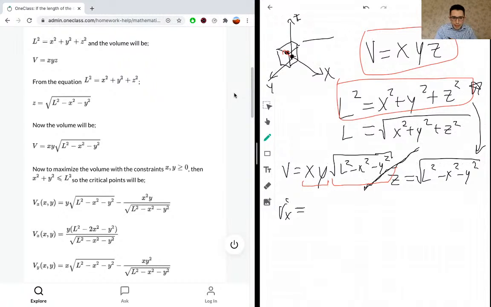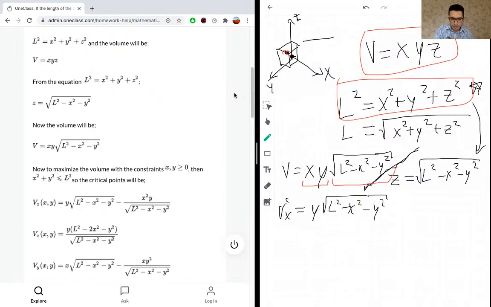Here we would say the derivative with respect to x for the first term is just y. That will be the derivative of the first, and then times the second, which is just what's given above, L squared minus x squared minus y squared, square rooted.